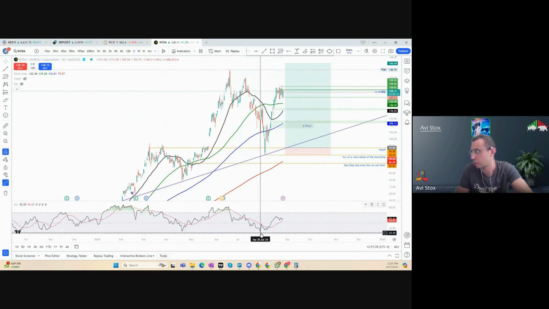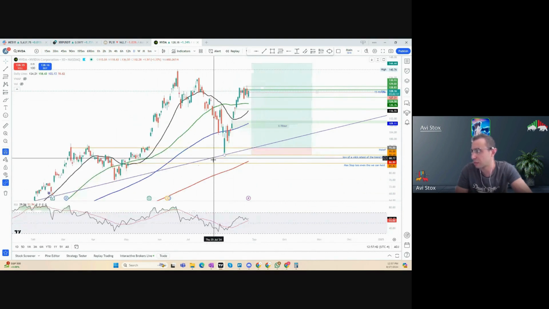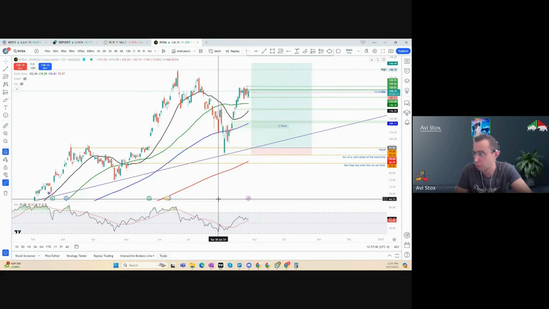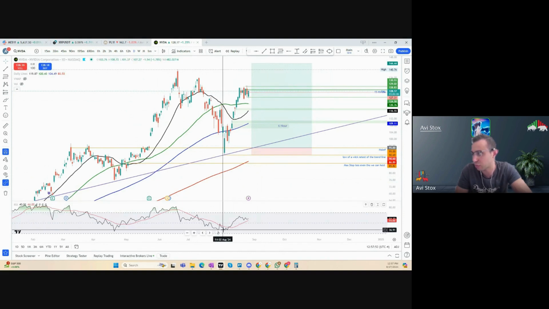Wow, you can see also a divergence here. This low, right here, matched with the 100-day moving average, basically on July 30th, 2024. The RSI had a lower low than the price that came on August 5th, and on the RSI it was higher than the low on the 30th of July.